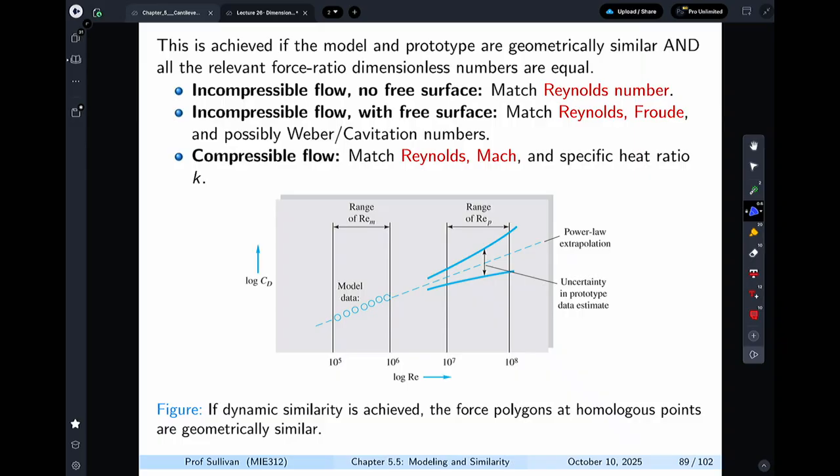And so often, I'm going to have a limit to the experiments that I can run. So 100,000 to 1 million is probably a reasonable range for what a typical researcher can do in most wind tunnels. 10 to the 7th, 10 to the 8th are most aerodynamic flows.